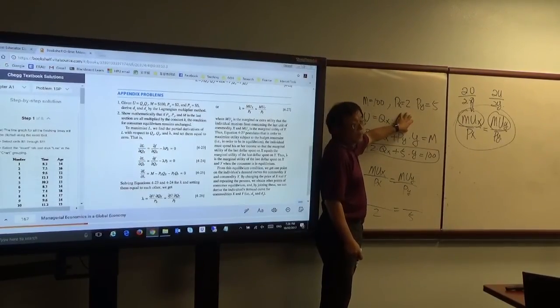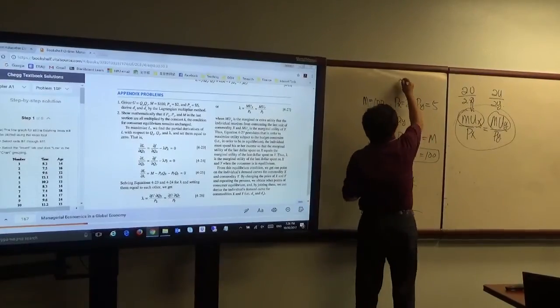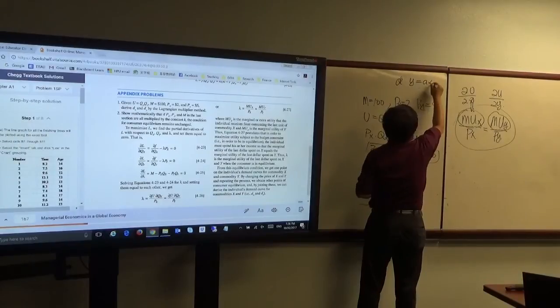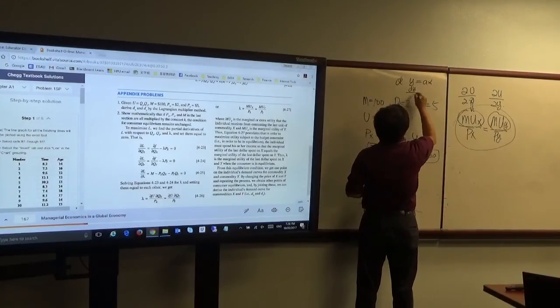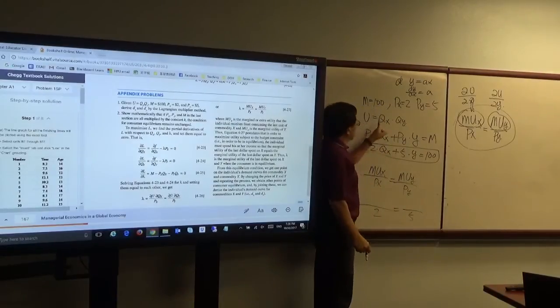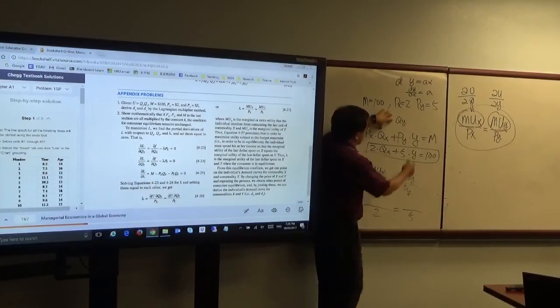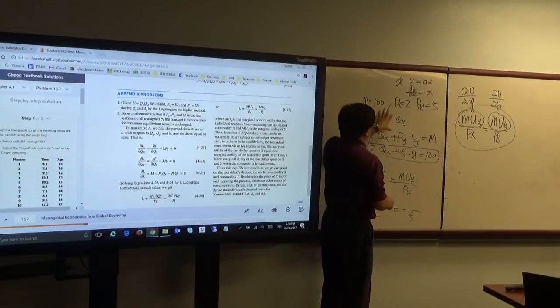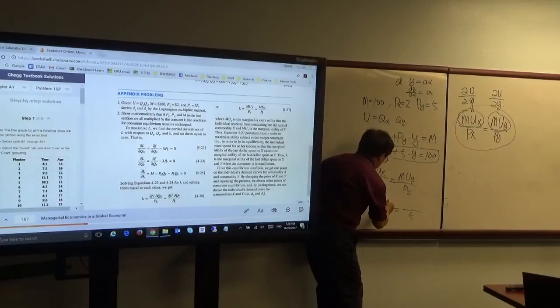Remember, if y is equal to ax, dy over dx is equal to a. Here, we take a partial derivative of u with respect to quantity x, and the qy is more like a, a constant in front. So this one becomes 1, so it's equal to qy.